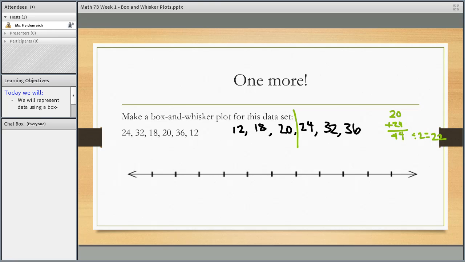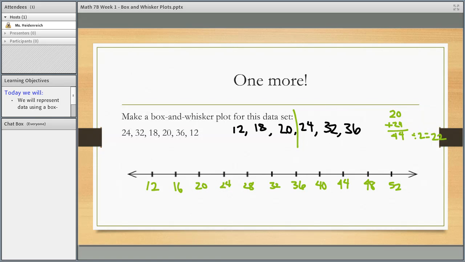There's not a lot of tick marks, so maybe I want to go by 4s. I'll start at 12 since that's the lowest number, and go by 4s to make sure I get all of my numbers of the data set on the number line. Now I went a little high here, but that's okay. It doesn't have to be the same for each person.